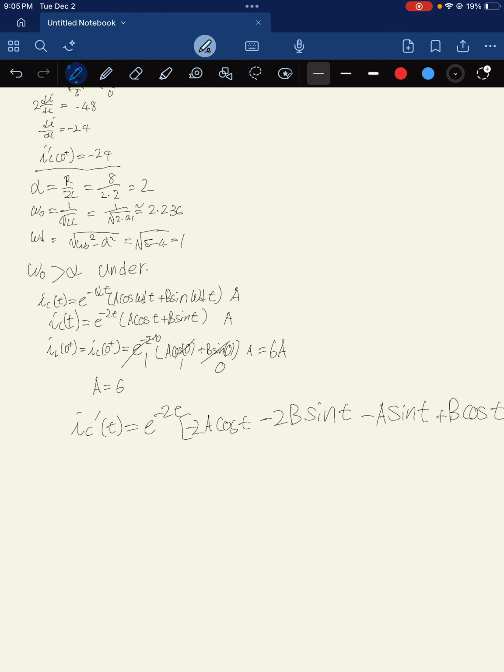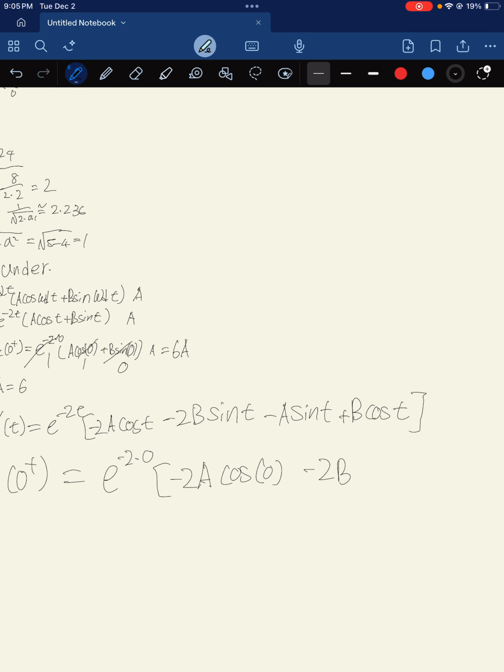Now we know IC prime of 0 plus. So we're just gonna plug in t equals 0. It's gonna be e to the negative 2 times 0, negative 2a cosine 0, negative 2b sine 0.